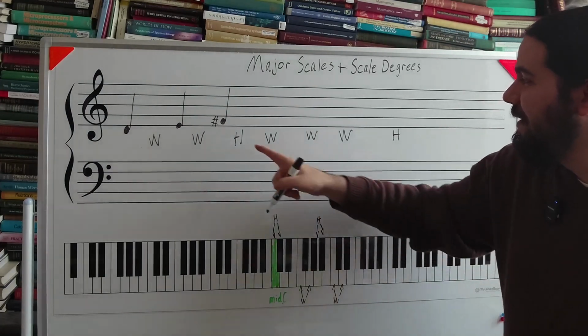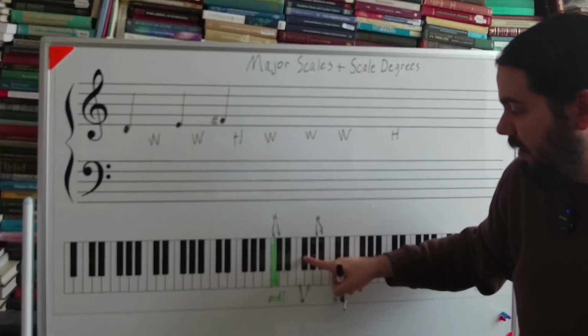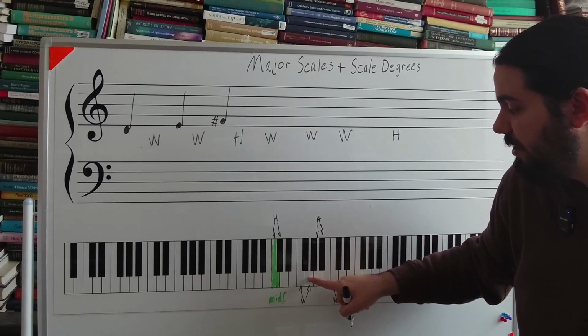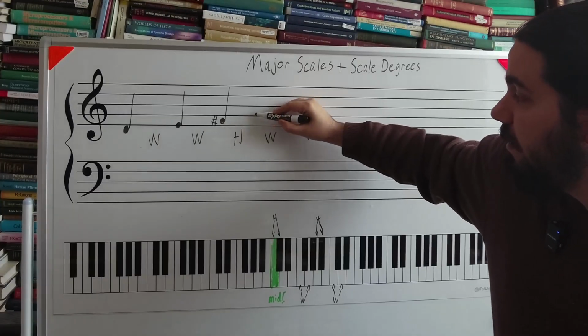Hashtag F sharps. Okay, so then we need a half step up from F sharp. The note that is immediately touching F sharp is actually G. So then we just write that in like so.